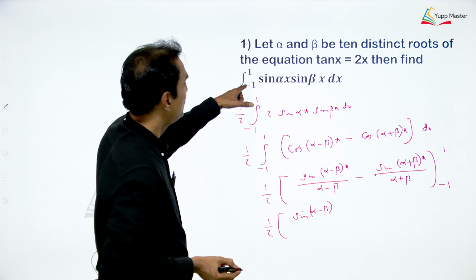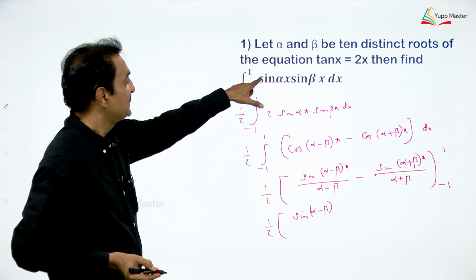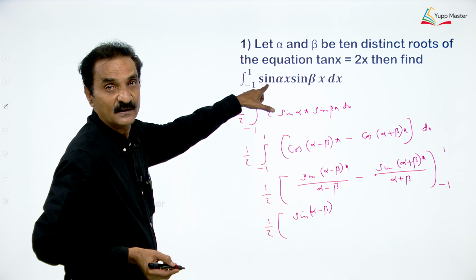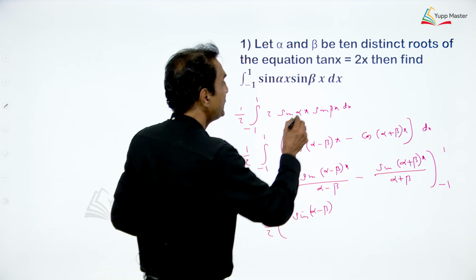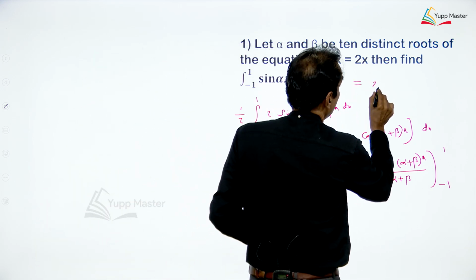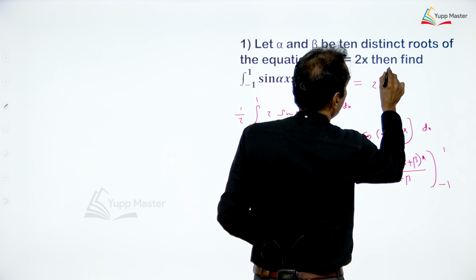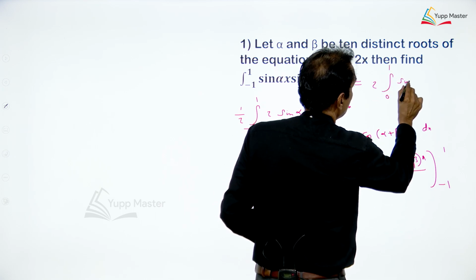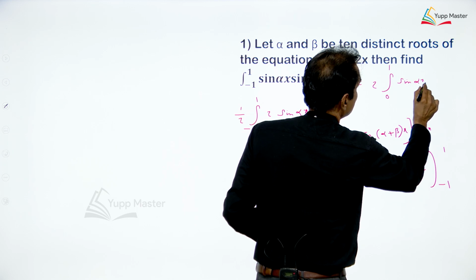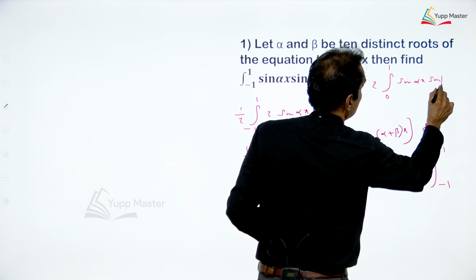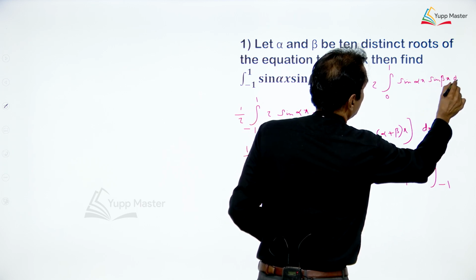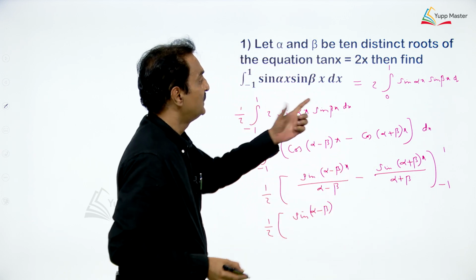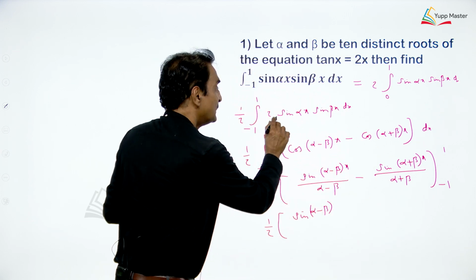but in the beginning itself, since the function is even, we can write it as 2 integral 0 to 1 sin alpha x sin beta x, right. So, what happens?